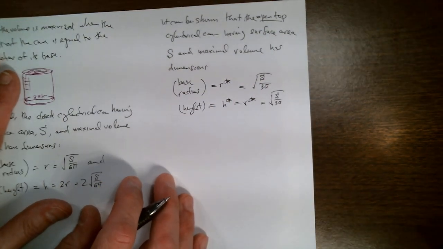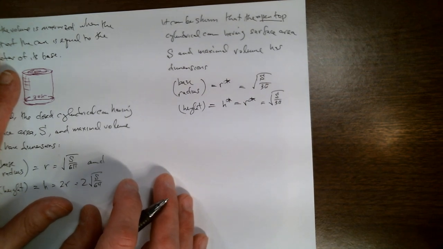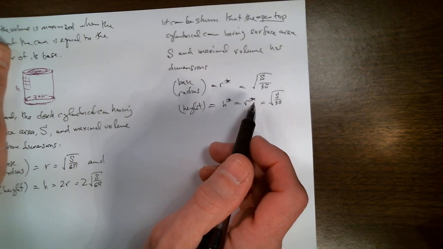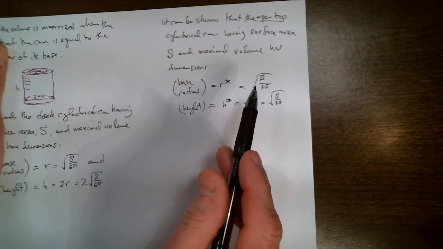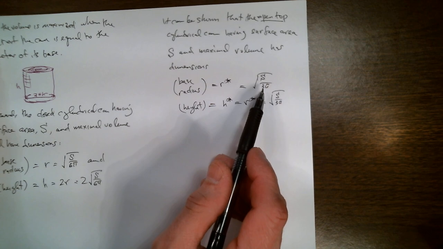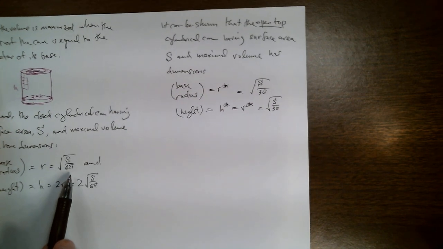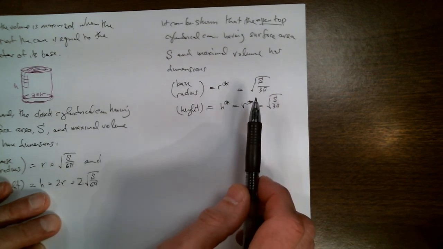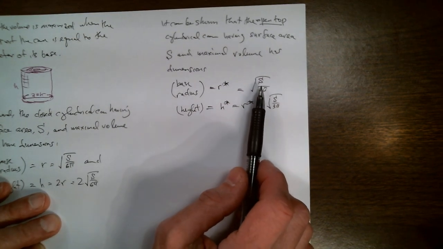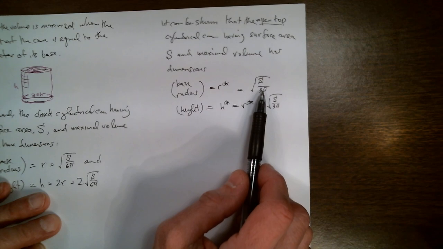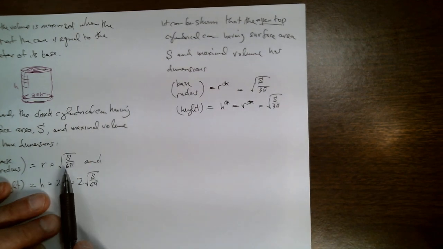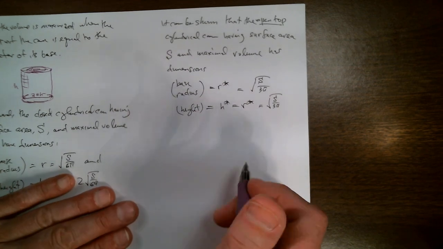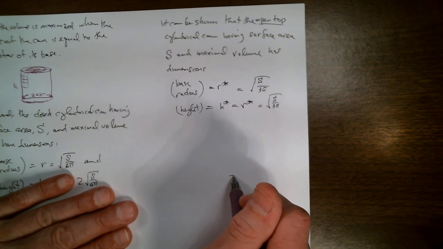And so you could see that in this case, the radius of the base of the open top can is significantly larger than the base radius of the closed top can. Because notice here, under the radical sign, the S is only divided by 3 pi instead of being divided by 6 pi previously. So we have a greater base radius.